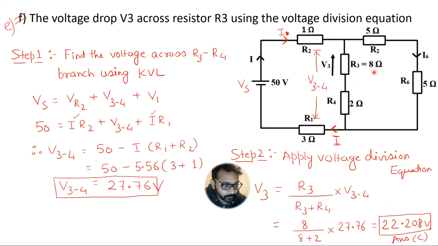R3 is 8 ohms, and R3 is 8 ohms again, plus R4 is 2 ohms, multiplied by V3-4, the voltage drop across the R3 and R4 branch, which is 27.76 volts. I have substituted all the values, done the calculation, and the final answer comes out to be 22.208 volts. So that is the answer for part E.